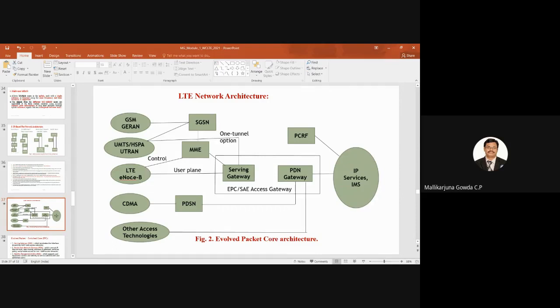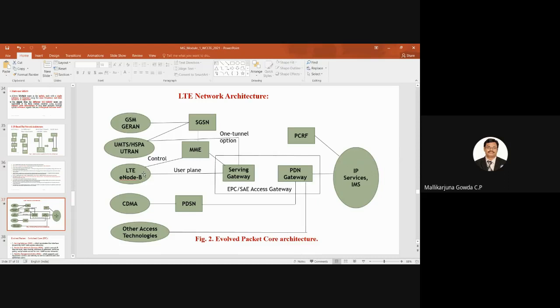So to begin with, I can say this is LTE E node B, right? From your user equipment, it is connected to the E node B through air, that is wireless. From E node B, it has two planes. One is control plane, another one is user plane.